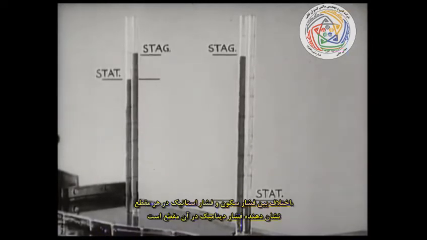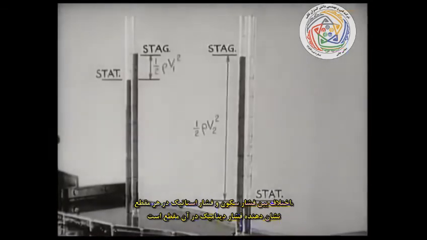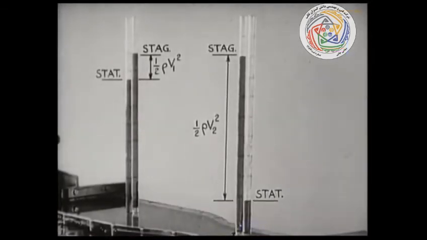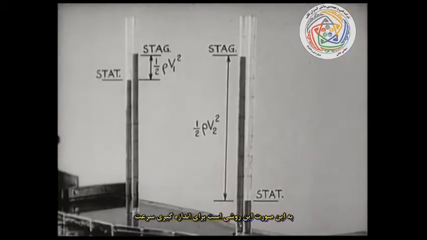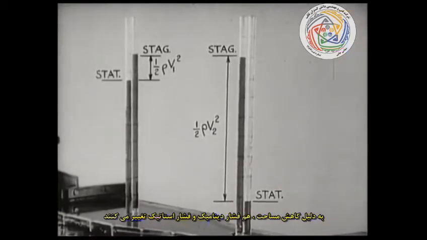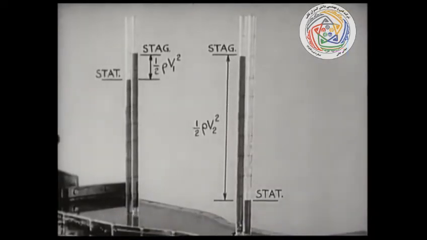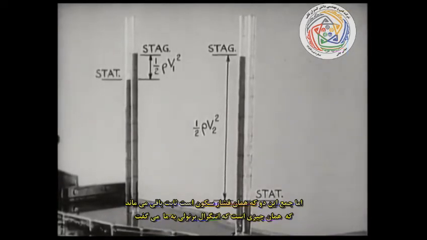The difference between the stagnation pressure and the static pressure is the local dynamic pressure. So this is a way of measuring velocity. Because of the area contraction, both the dynamic pressure and the static pressure change, but the sum of the two, the stagnation pressure, remains constant, which is what Bernoulli's integral told us.